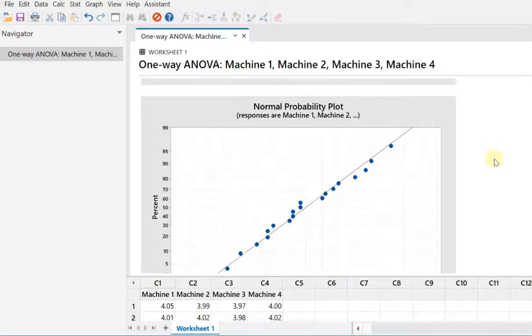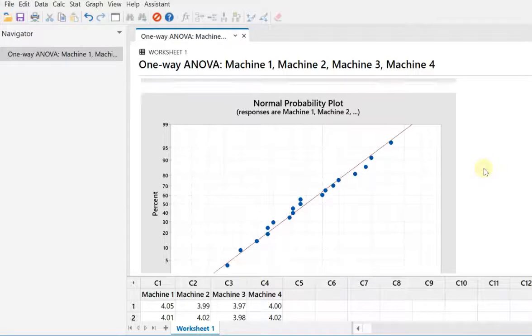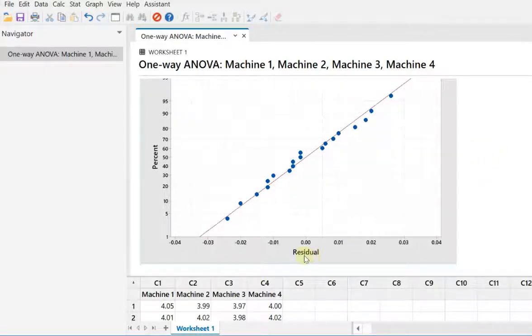And this is the normal probability plot. This is actually testing an assumption, because it's a normal probability plot of residuals. This is not testing for normality. This is actually testing the fourth assumption, that the deviations are the same or equal.